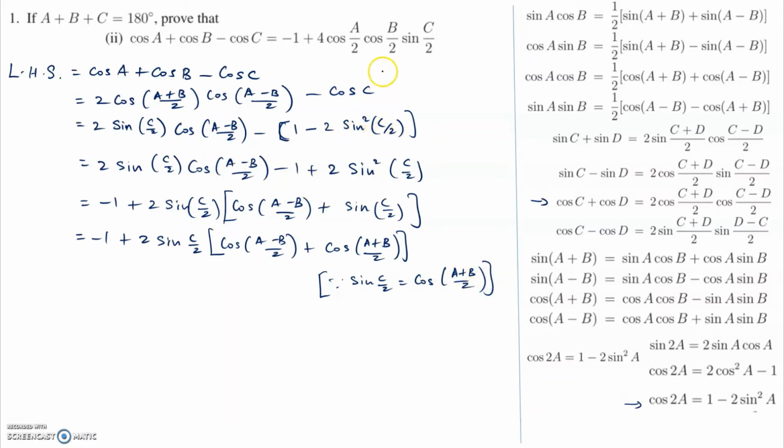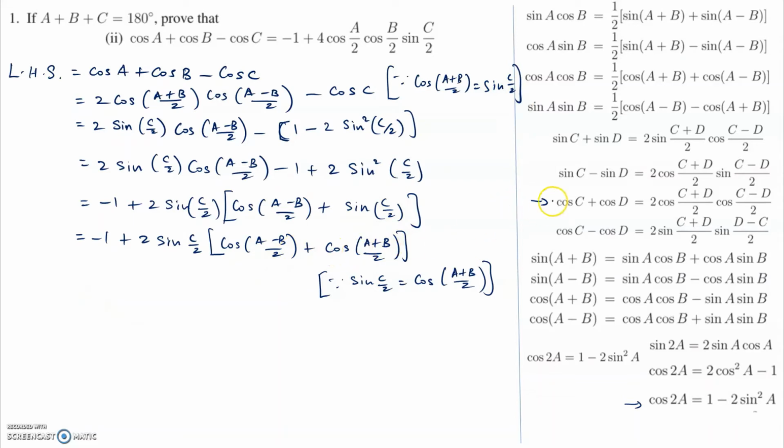Similarly here we had replaced cos (a plus b) by 2 with sin c by 2. So I will write here cos (a plus b) by 2 is equal to sin c by 2.